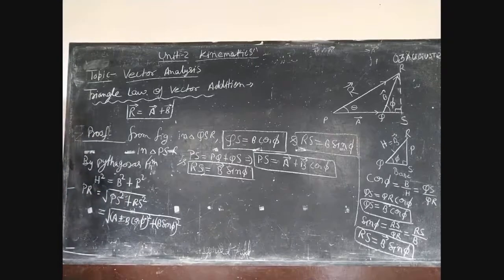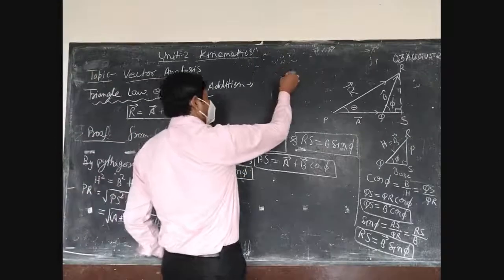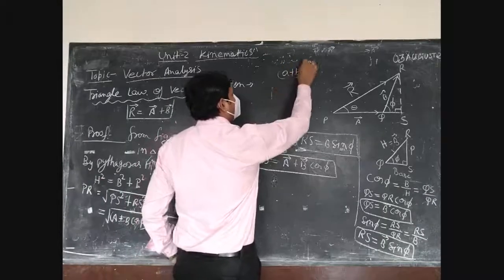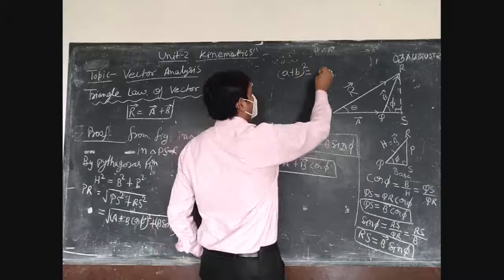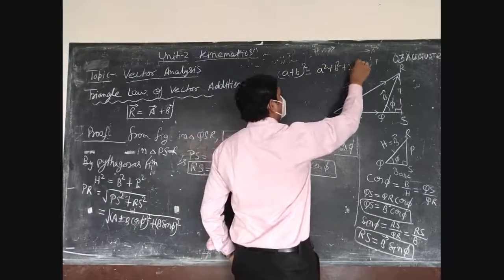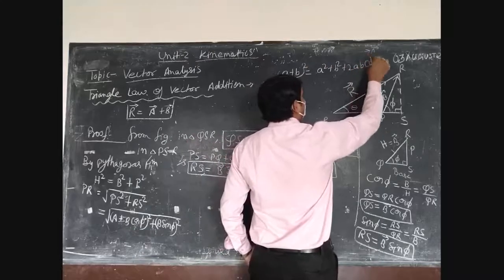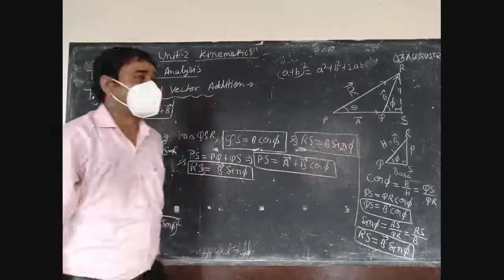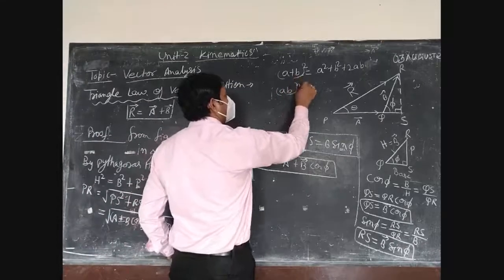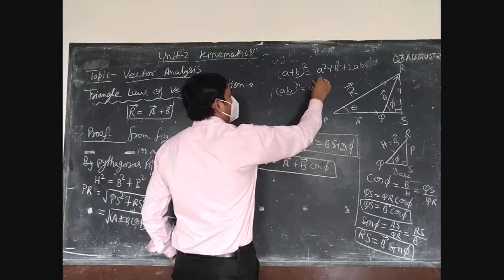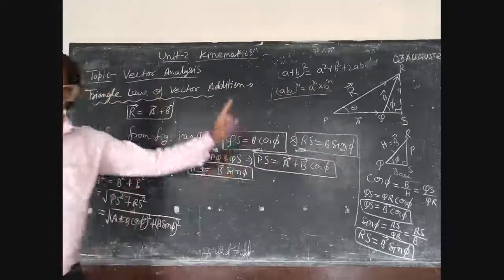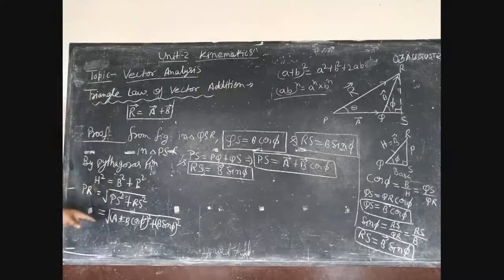Now I will use two things here. One, A plus B whole square, which we get as A square plus B square plus 2AB. Okay, and second, AB to the power n, which is A to the power n and B to the power n. You all know about it. These two mathematical rules we use here.